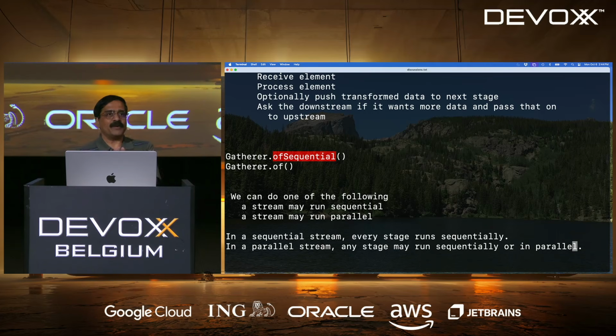I have a map. What do you think, your gut feeling? Will filter run parallel or will it run sequential? Parallel, thank you, right? Because a filter has no concerns. A filter simply says, given a data, I send it or I stop it. Map says, given a data, I transform and send it. So there's nothing restrictive on that.